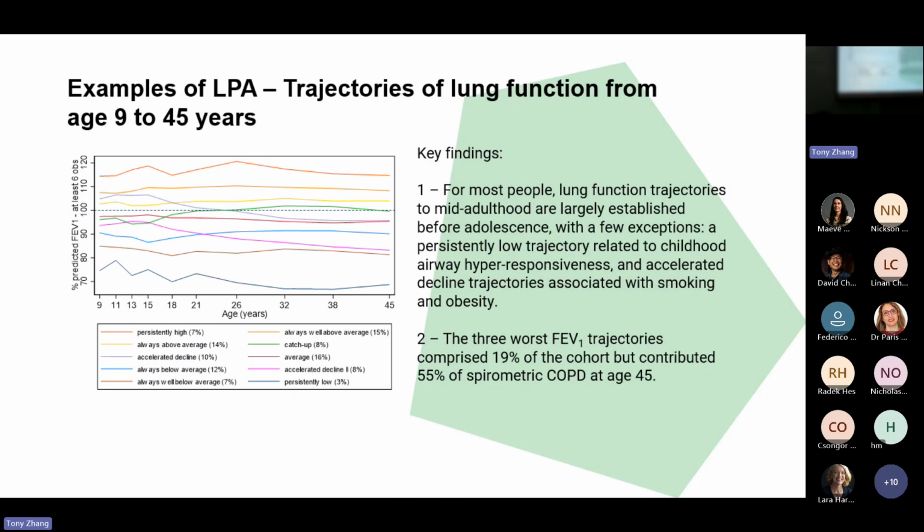The other 2 exceptions are the 2 accelerated decline trajectories, the pink line and the purple line. They are the accelerated lung function decline trajectories, associated with obesity and smoking. I also found that the bottom three trajectories, the worst three, comprised 19% of the cohort, but contributed more than half of the COPD at age 45 years.